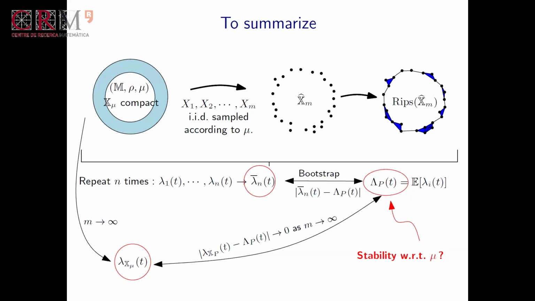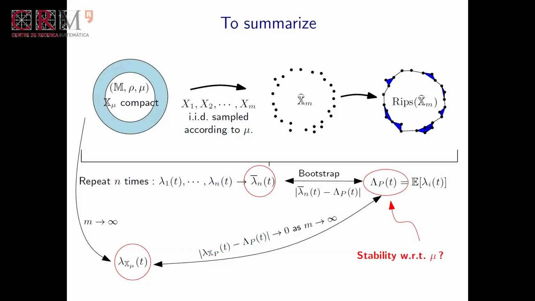What I mentioned before, but did not state formally, is that this empirical average of my distribution of sample landscapes converges to the expectation of this random variable, the landscape. So when n goes to infinity, when I repeat my experiments many times, the empirical average of the obtained landscapes converges to the expectation of my distribution of landscapes.